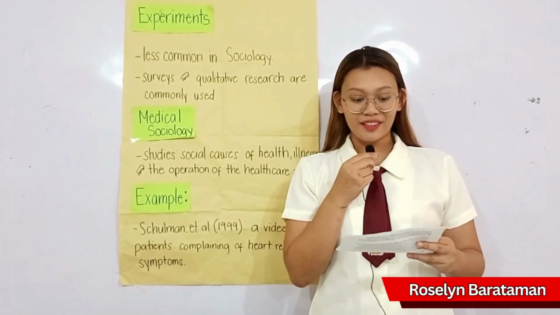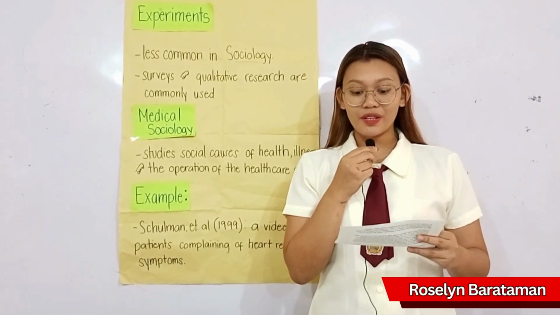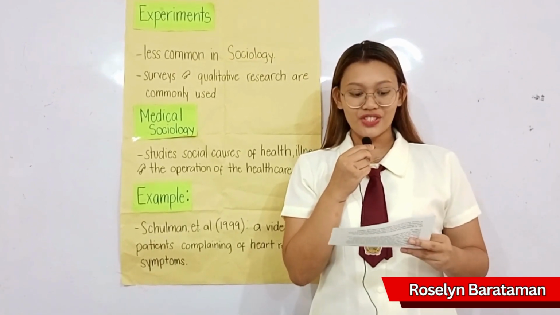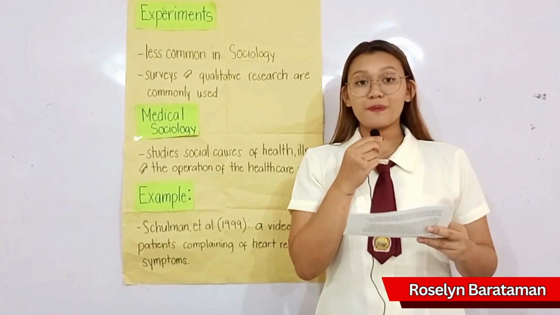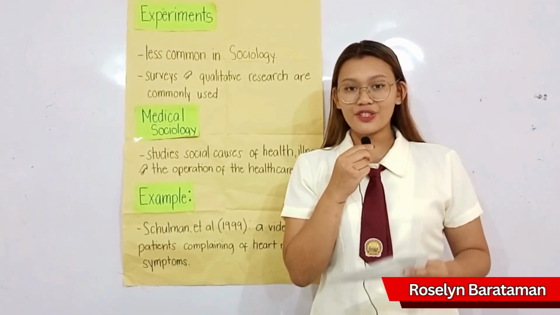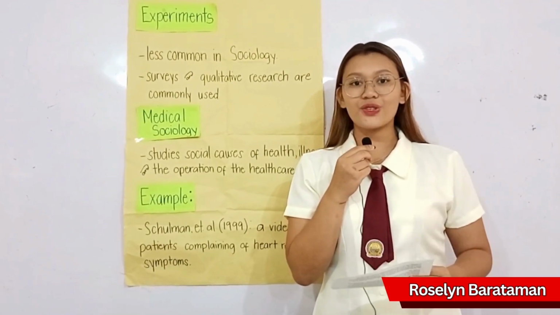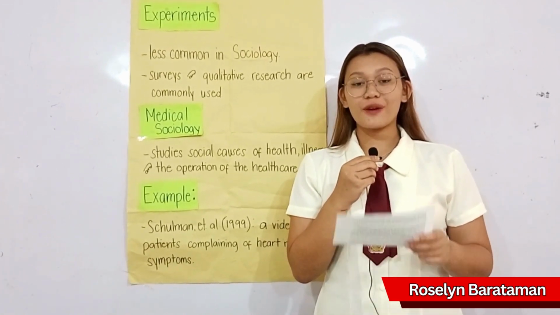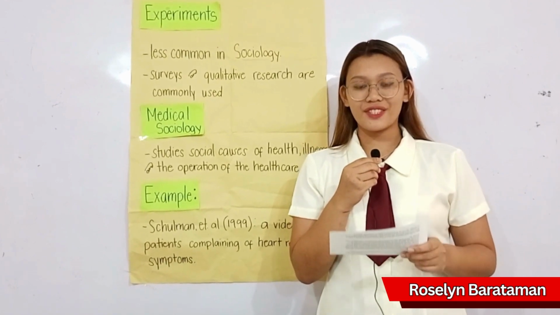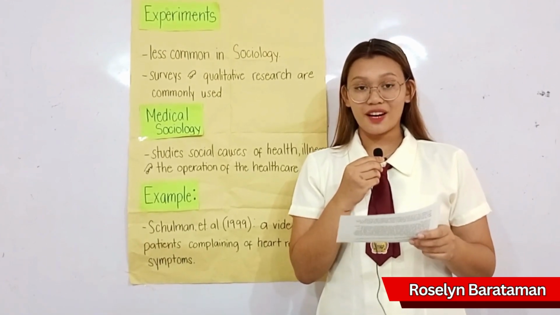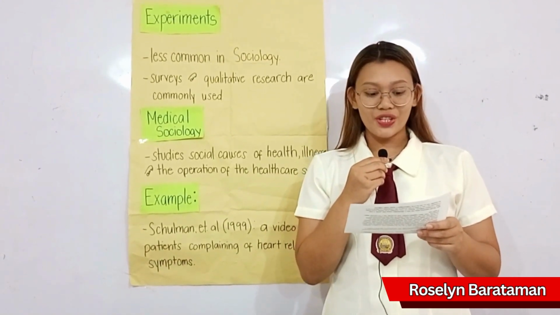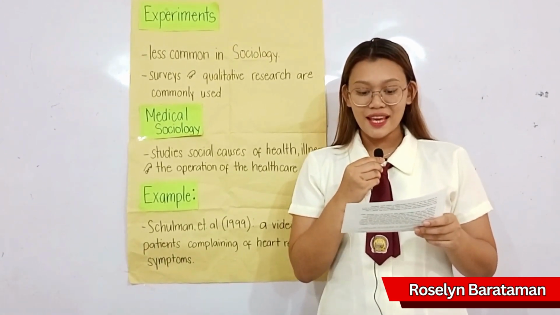So as mentioned by Michael, experiments are much more common in the fields of psychology and biomedical research rather than in sociology. It is because experiments do not easily lend themselves to the kind of topics that medical sociology studies. So, surveys and qualitative research are much more commonly used in this field of study. And I think it is because medical sociology, by its definition, studies social causes of health and illnesses and the operation of the healthcare system.